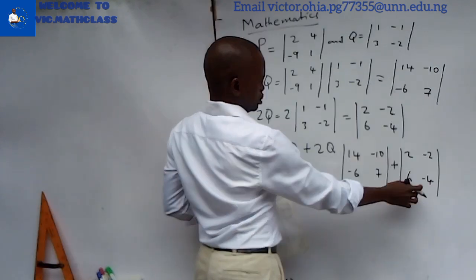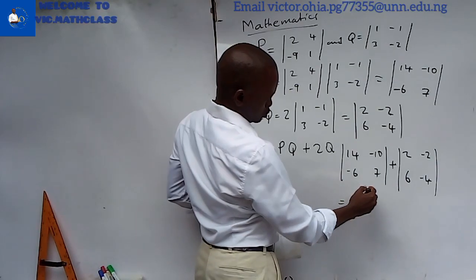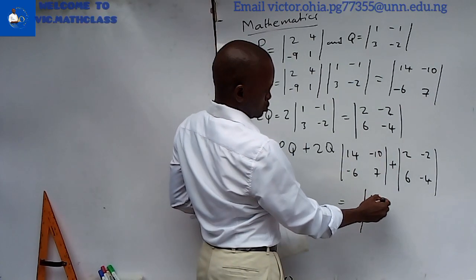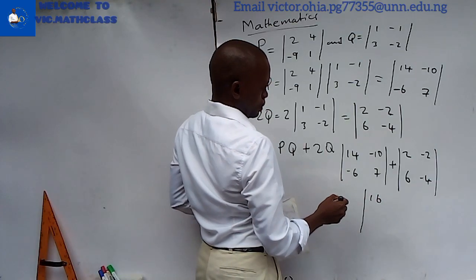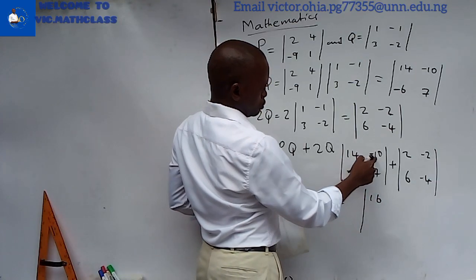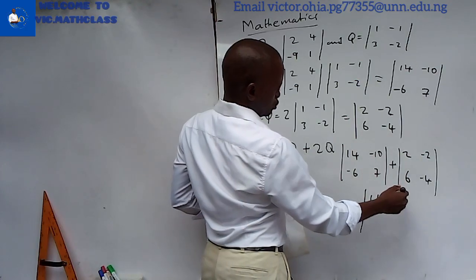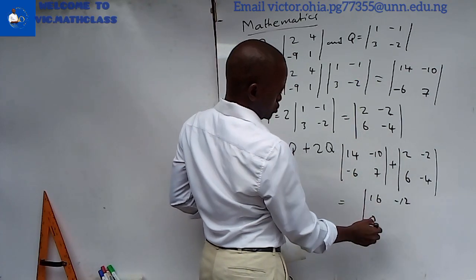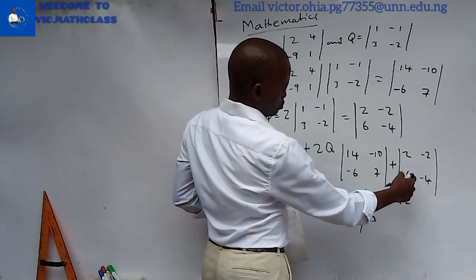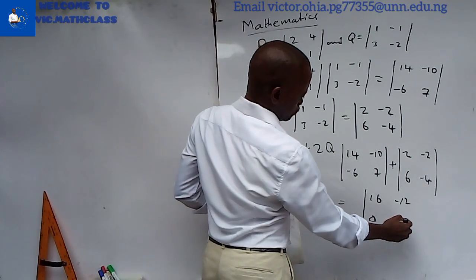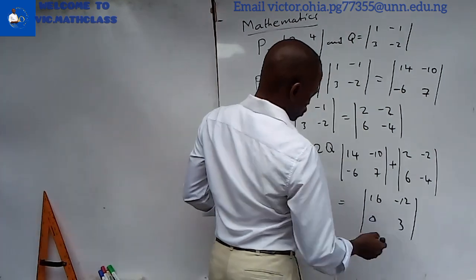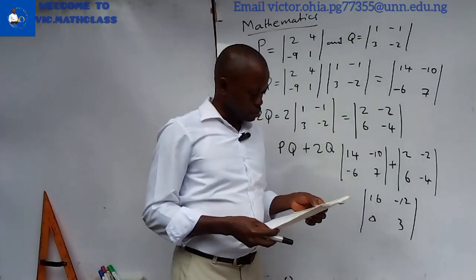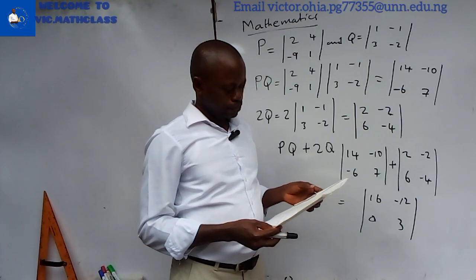So we add this element by element. This will give us 16. This and this will give us minus 12. This and this will give us 0, and 7 plus minus 4 is going to give us 3. So this is the result we will obtain in that question 11a.